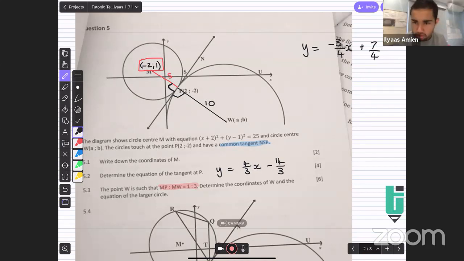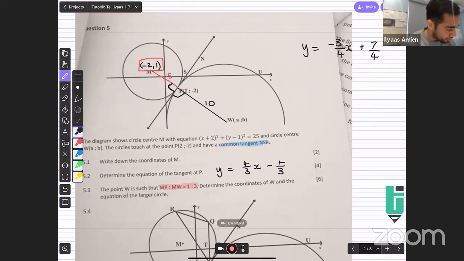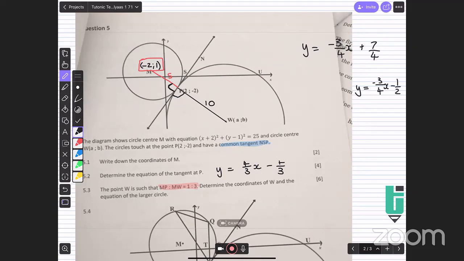What did you guys get? Anybody try it again? I got minus a half. Same. Minus half. Okay, so that does look right. So y equals minus 3 over 4x minus a half. Yep. Right.